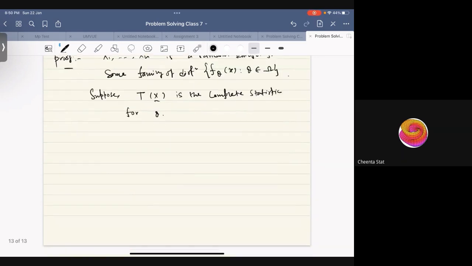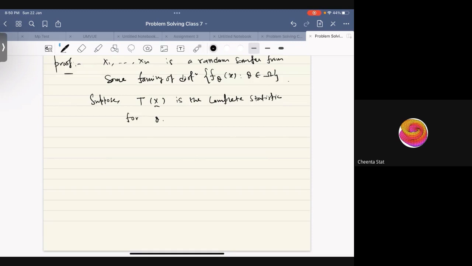I am taking any function, whether bijective or many to one, we'll work on this. To show that a function of T(X) is complete, I am taking a function, let U be equal to h(T), any function of T, right? Then I have to prove that U is complete.